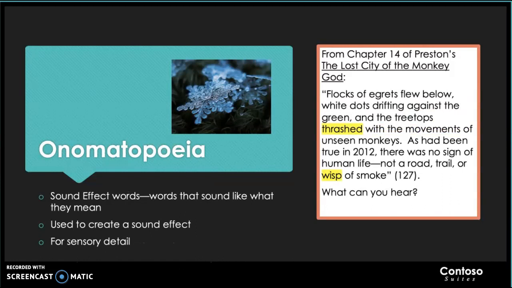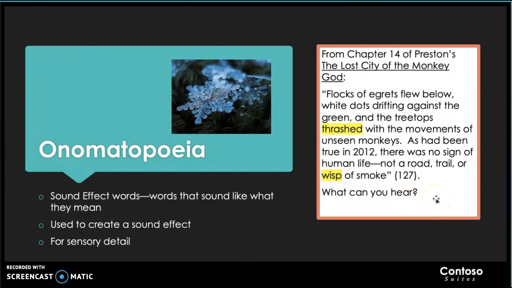All right, here's another one, onomatopoeia. This is super fun. I loved onomatopoeia. I love figurative language. It's so much fun. So this is a word that has a sound effect. So bang would be an onomatopoeia, right? And so here is Preston's chapter 14 again.